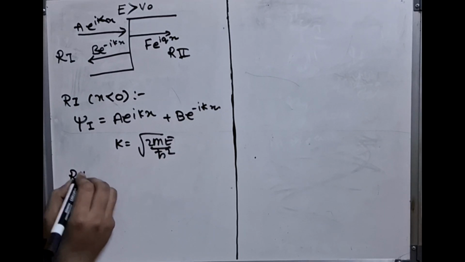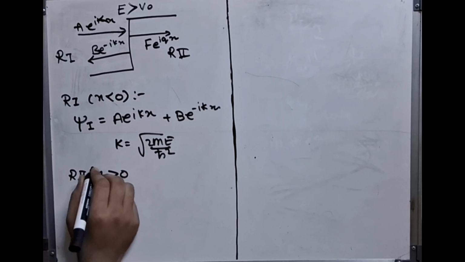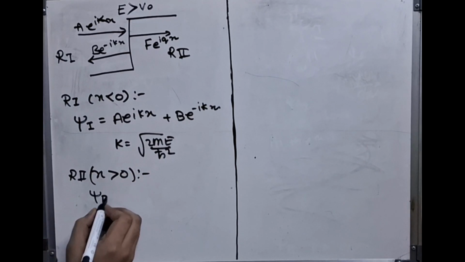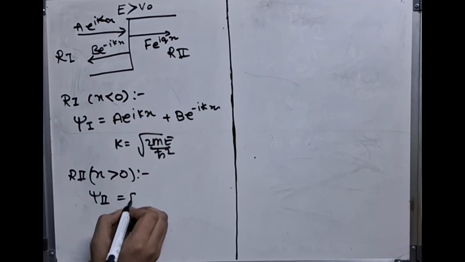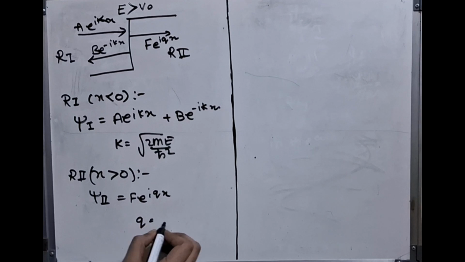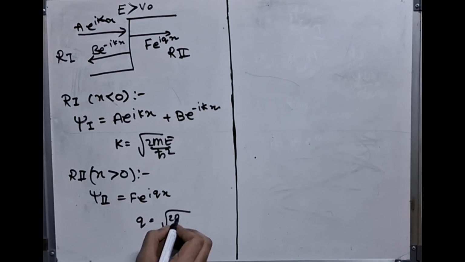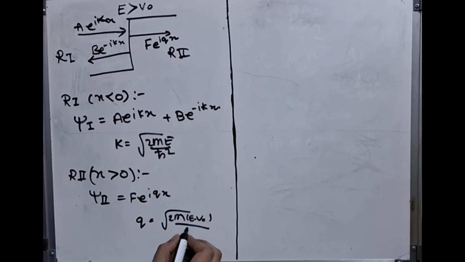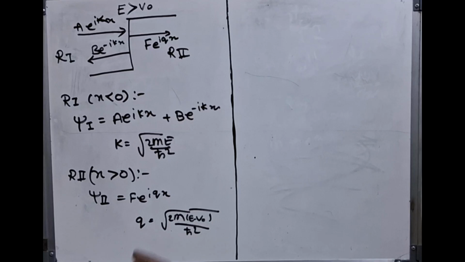And in region 2, where our x is greater than 0, we have the psi 2 given by f e raised to i q x, where my q is basically root 2m (E minus V naught) upon h cut square. This too comes from Schrodinger's equation, but in this region we consider the value of V naught in the equation itself, and that's how we get this.